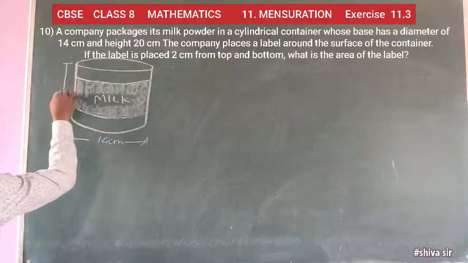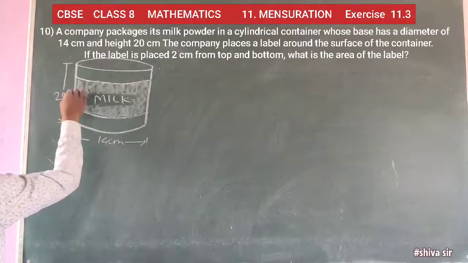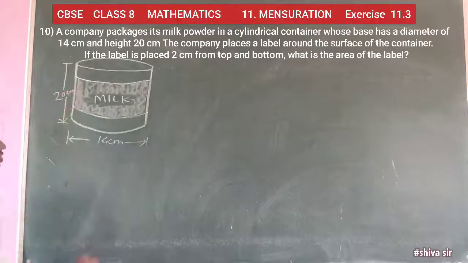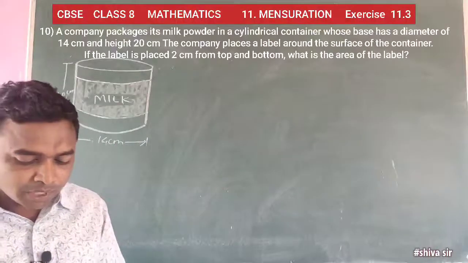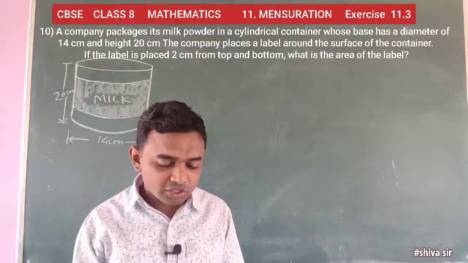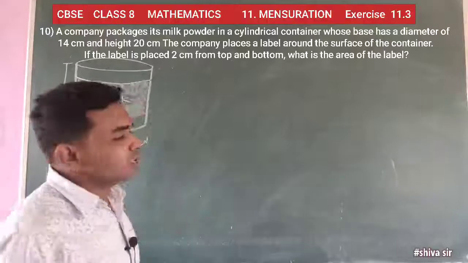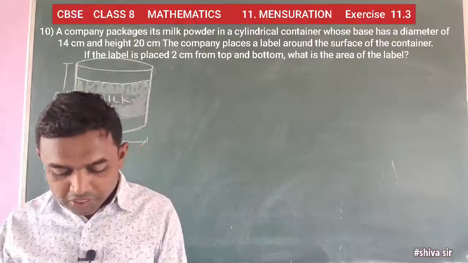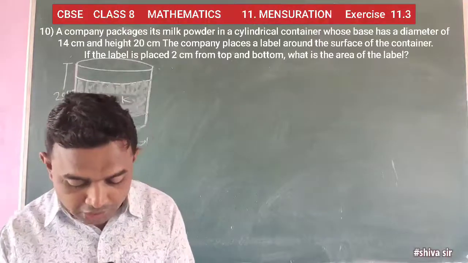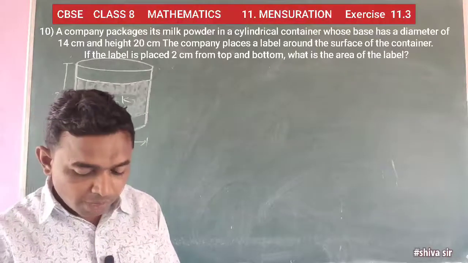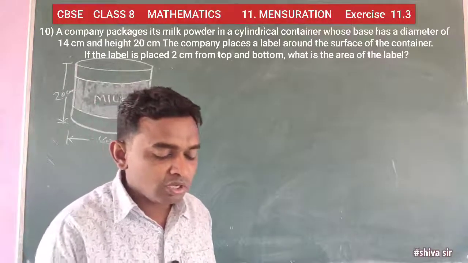The company places a label around the surface of the container, as shown in the figure. If the label is placed 2 centimeter from the top and bottom, what is the area of the label?